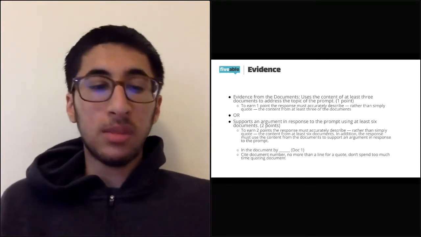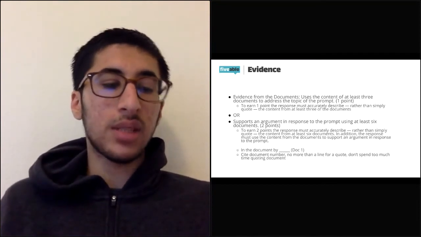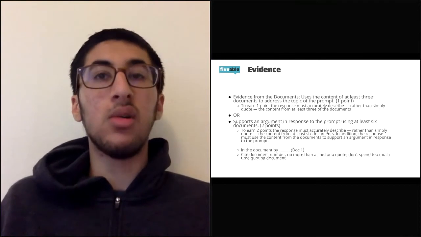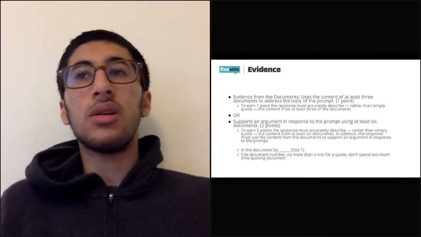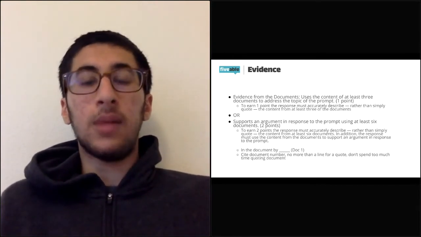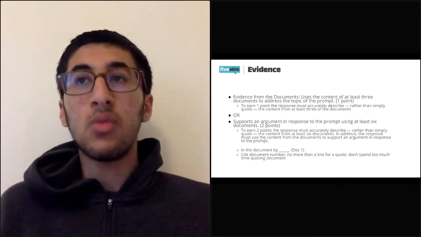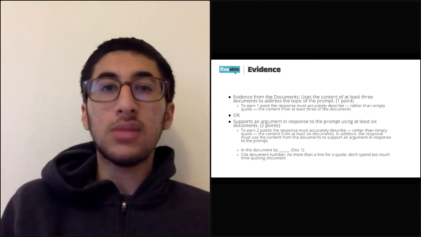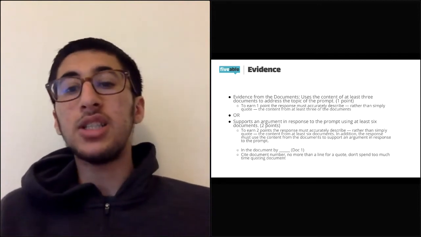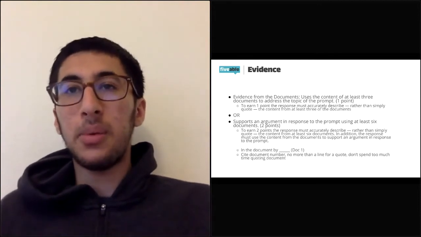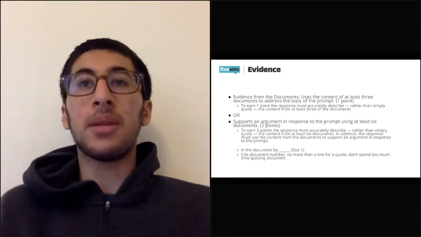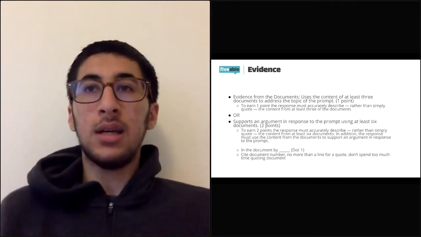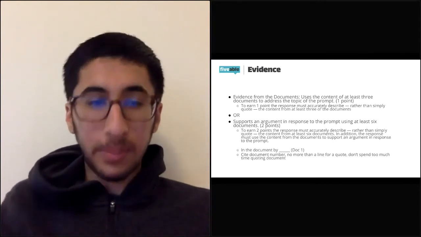In those 7 documents, you can build somewhat of an understanding of what your topic is about, because the documents relate to your prompt. So you could just write a thesis that's about the prompt. If you talk about the context, that's already 2 points. If you just mention 3 of the documents, that's already 3 points. So if your mind completely goes blank, you're still ensured at least 3 points. But then you can work towards more.